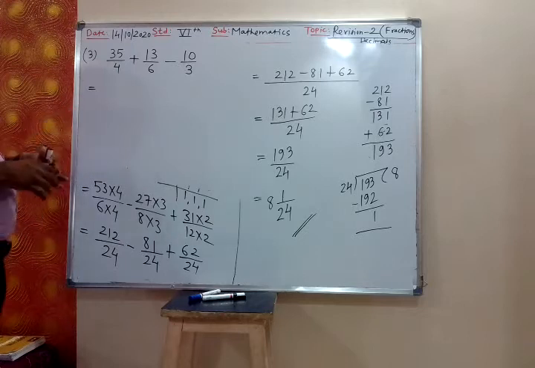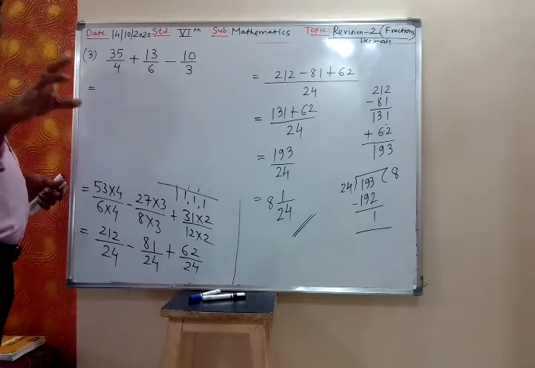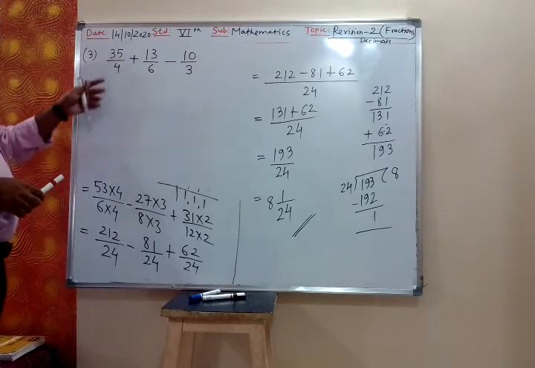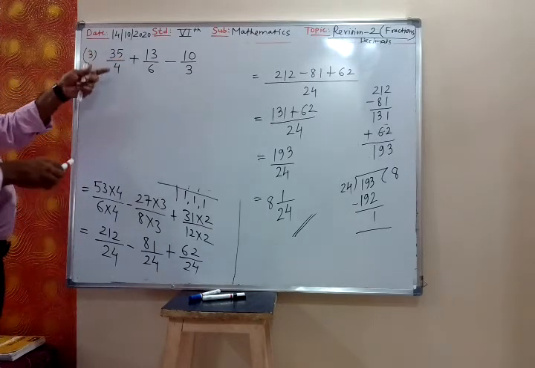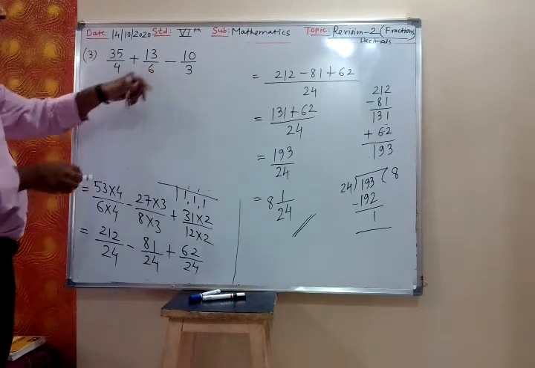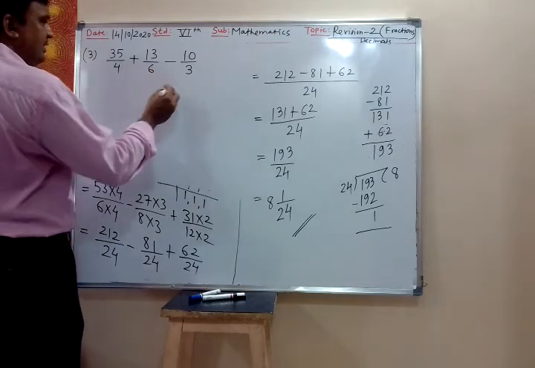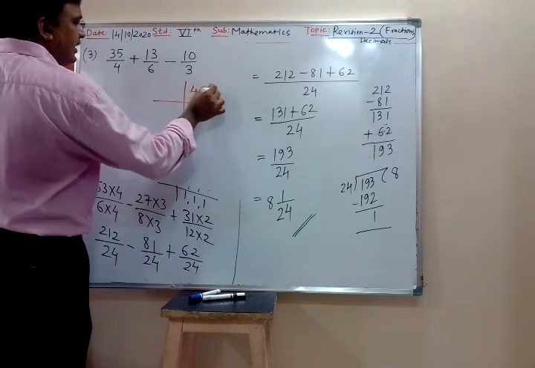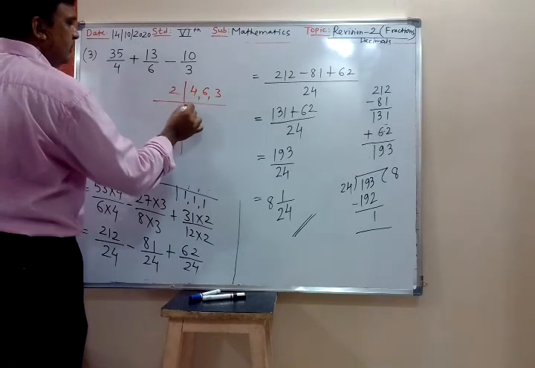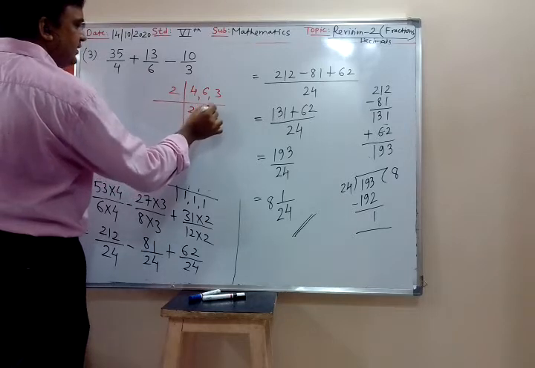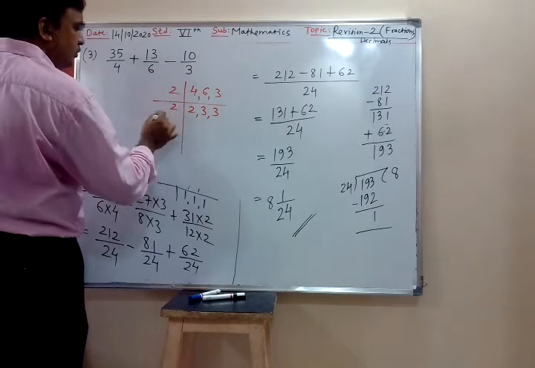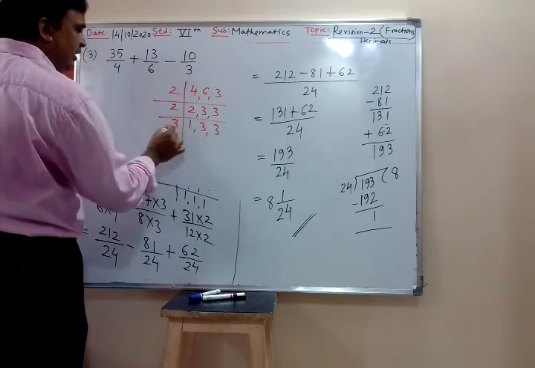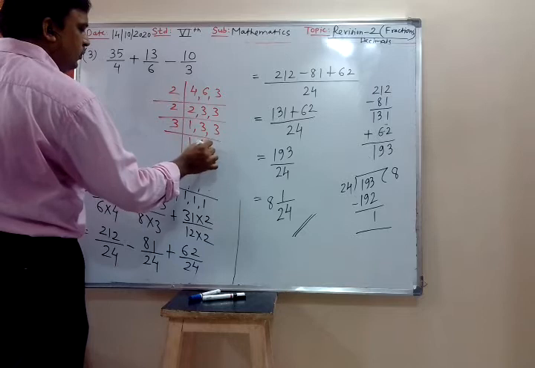Earlier it was given in mixed fractions. Now it is already given as fractions. So directly we take the LCM of 4, 6, 3. 2 2s are 4, 2 3s are 6. Then 3, again 2, 2 1s are 2, 3 3s are 3, then 1 1 1.